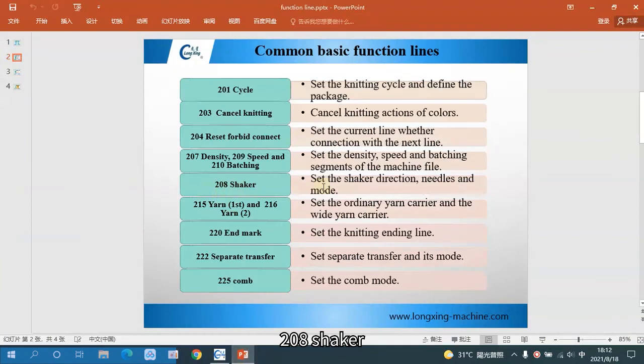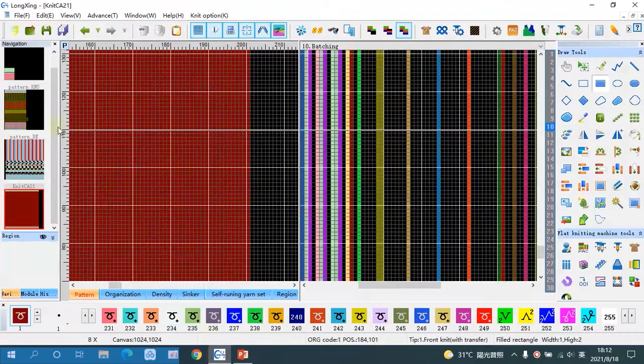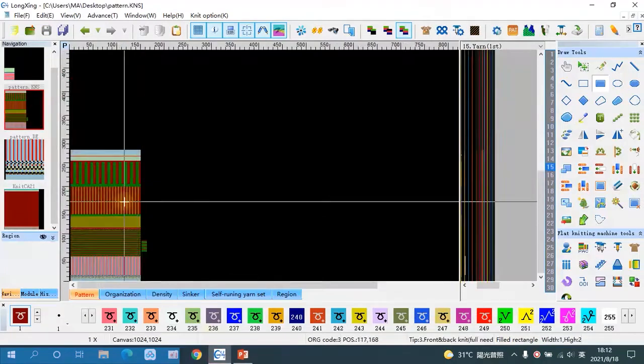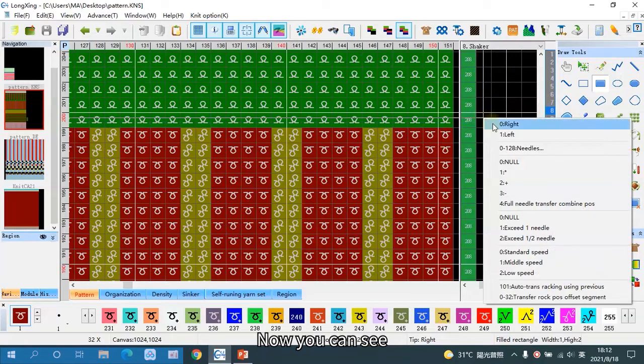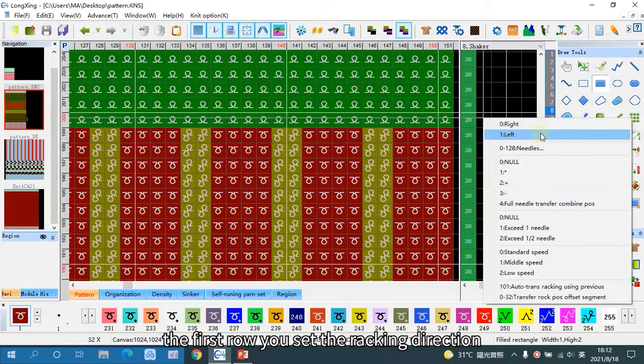208 shaker sets the shaker direction, needles, and mode. Now in this pattern, in function line 208, right-click. Now you can see in the first row you can set the racking direction.